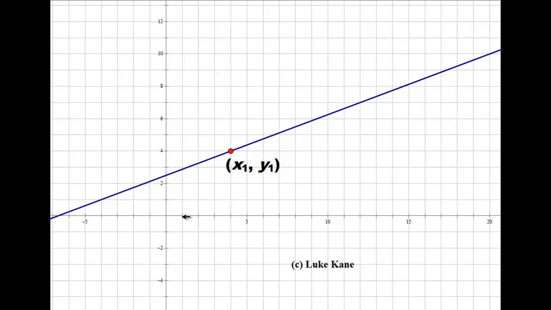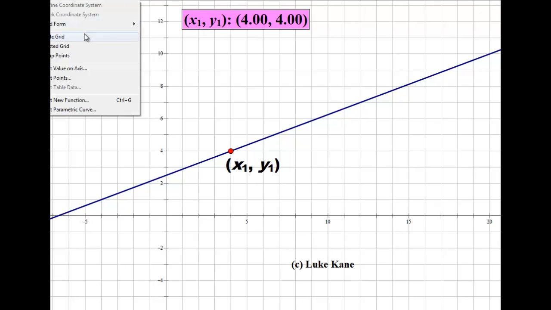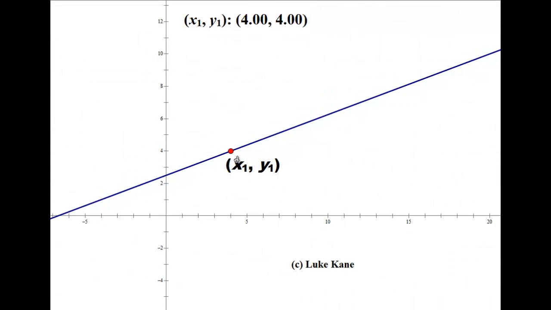We can find that by counting: x1 is 4, and y1 is 4. So the actual coordinates for this particular point are 4, 4, but let's suppose we don't know them. We're just going to assume that this particular point is fixed. It's a given point.